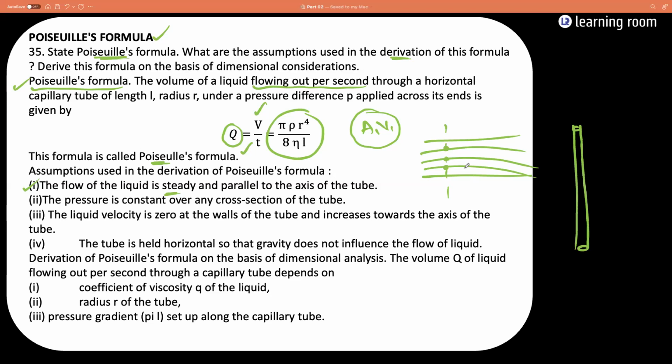I repeat, imagine there is a pipe and inside the pipe water is flowing and that water is divided into multiple layers. If I take a cross-sectional area and every point on it has a constant speed, then that kind of motion is what is called streamlined motion.